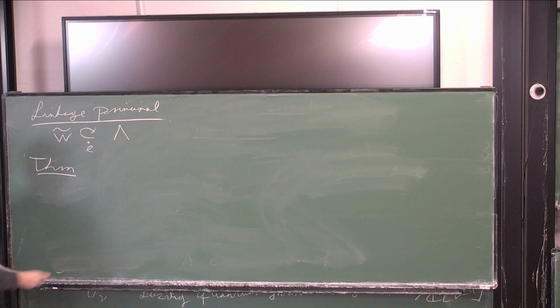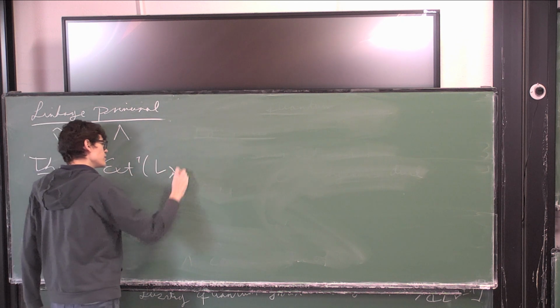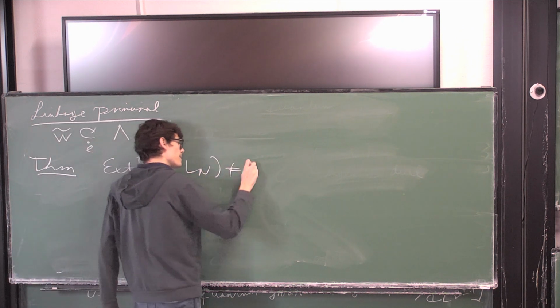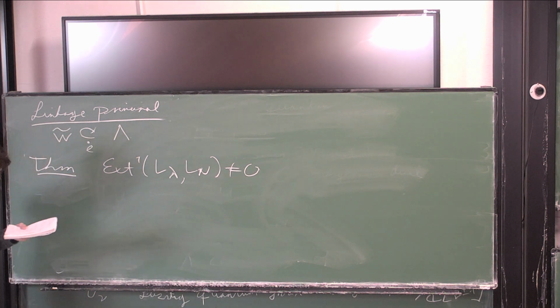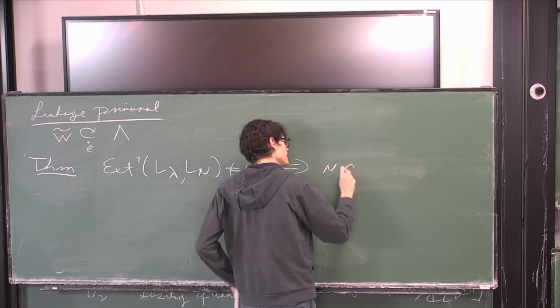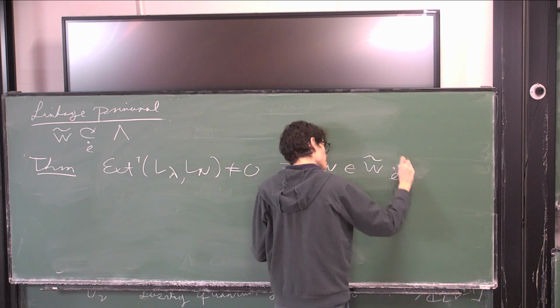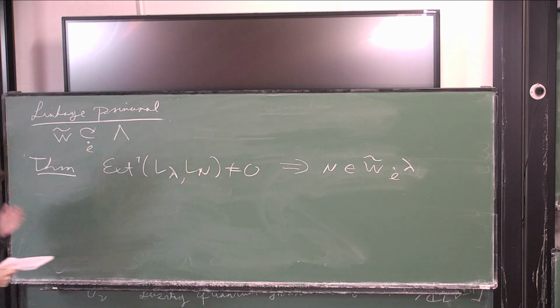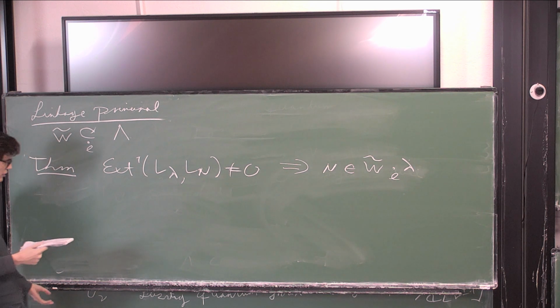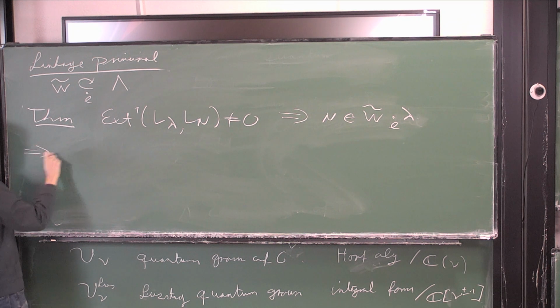And the theorem says that if I have some non-trivial extension between two irreducibles, then their labels, their highest weights, are related by this action. So if you have two highest weights that are not related by this W action, there is no non-trivial extension. And so the category breaks up into blocks.